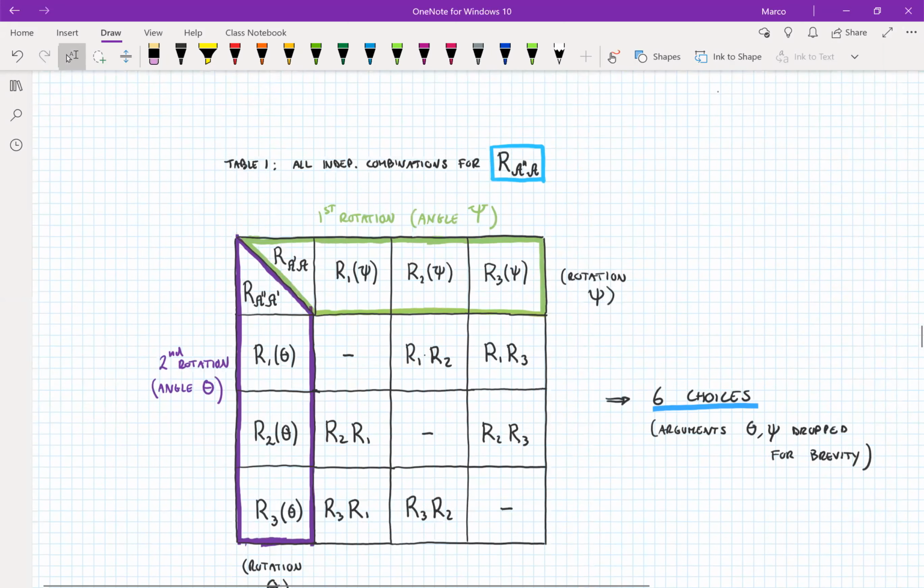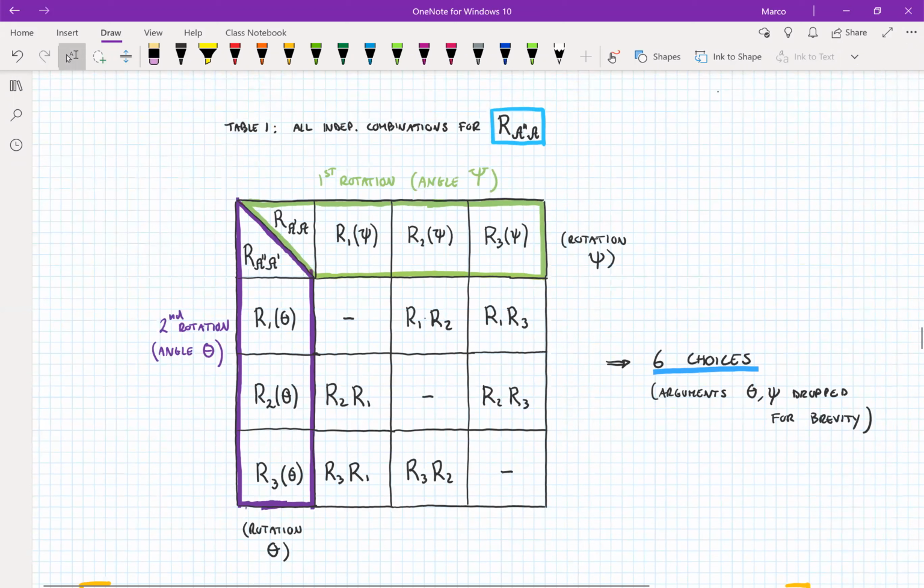All right, so here I summarize in a table all the possible combinations of these two rotations. Here I'm indicating the first rotation, and of course, here I'm assuming that we are rotating about two different angles when it comes to the first and the second rotation. They don't necessarily have to be rotations of the same quantity in terms of angle.